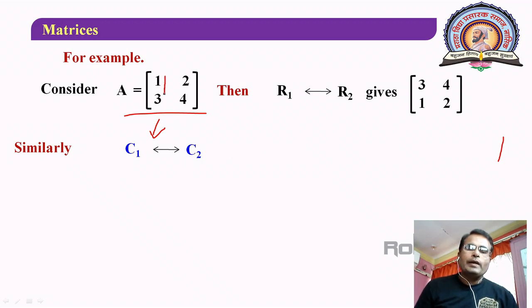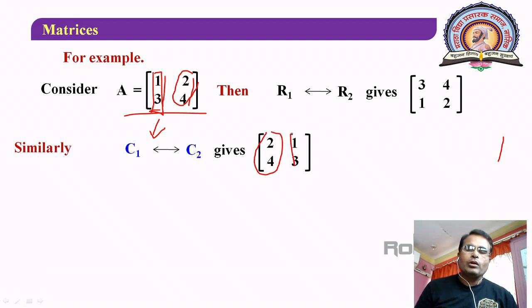Now we will observe that the first column will appear as the second column, and the second column 2, 4 will appear as the first column. So this gives you the resultant consisting of the second column 2, 4 as the first column in the new matrix, and the first column 1, 3 appearing as the second column.